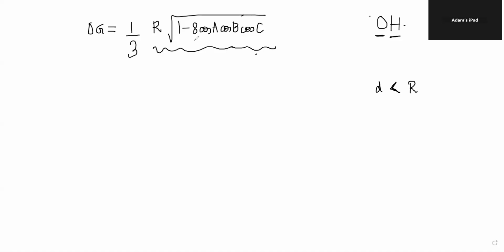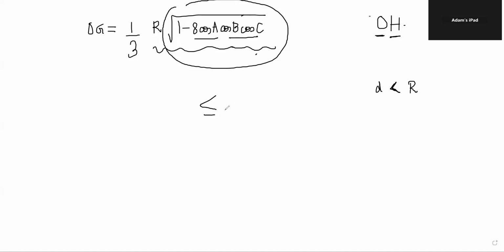So for that, is it possible that the square root becomes 1 sometime? When any one of the cosines is 0, right? Yes, if it's a right angle triangle. Otherwise, this square root is always less than 1, right?